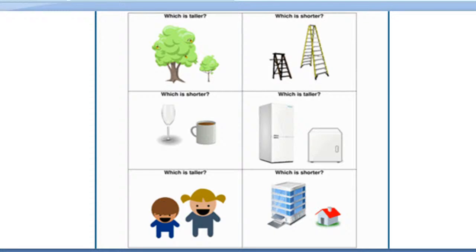some objects are given. The first picture is of a tree. There are two trees, and you have to tell me which one is the taller one and which one is the shorter one.